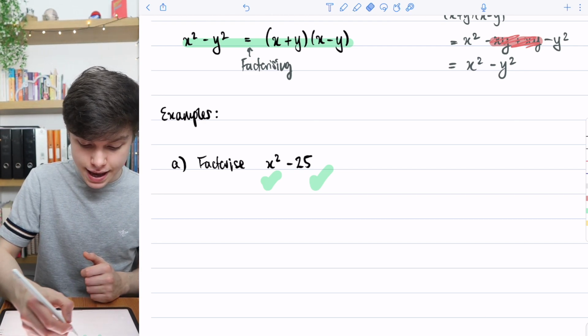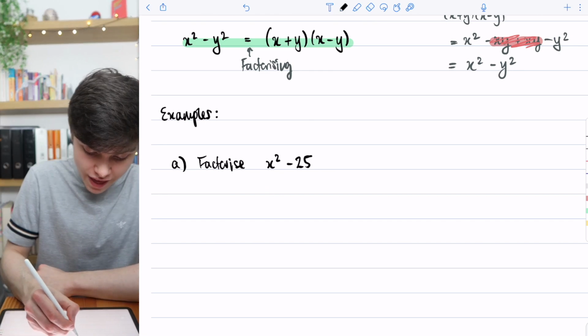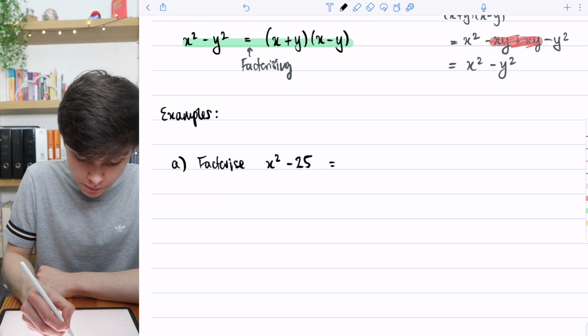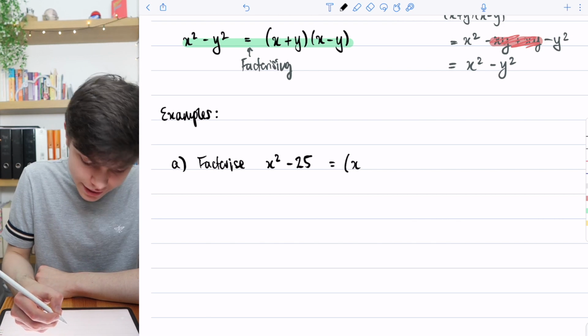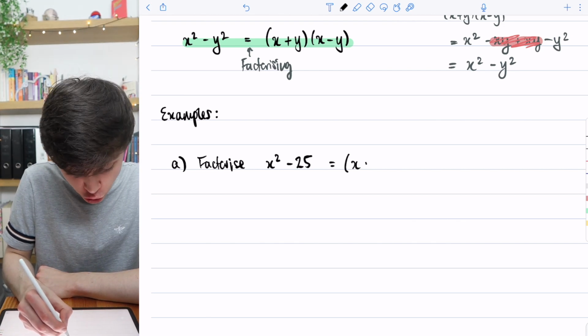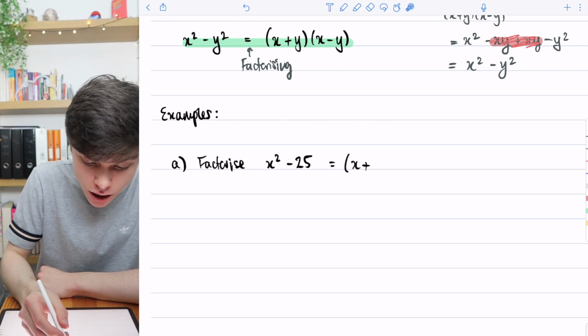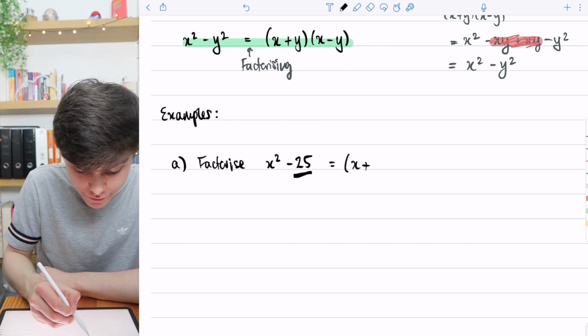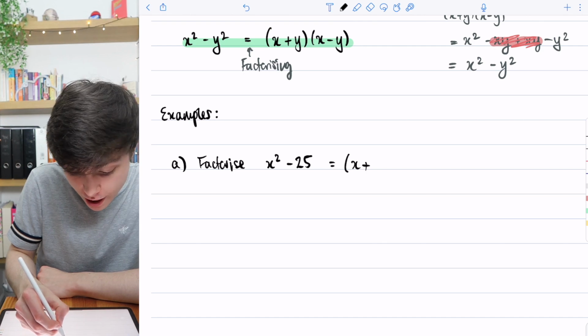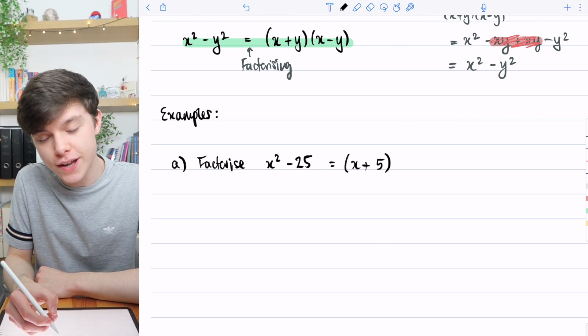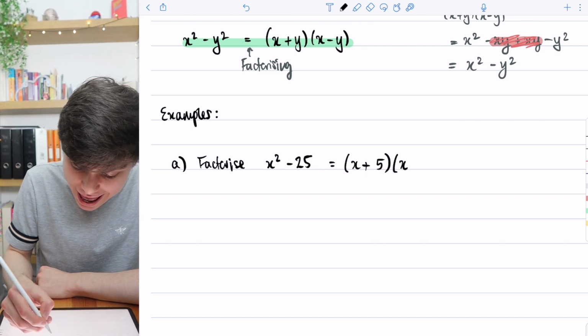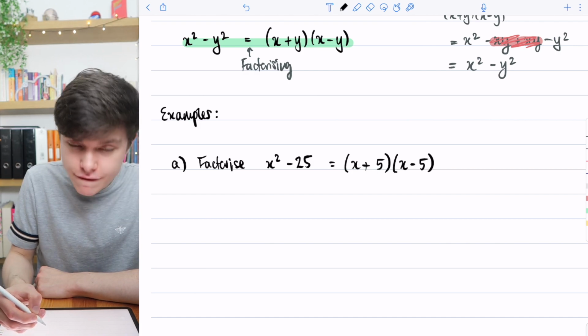So what that means is we can just put that in what we know. Well, it's going to be x and then plus, well, we had y, didn't we, when we had y squared? And here, y squared is just 25. So we're just going to have plus the square root of 25, which is 5. And then x minus 5.